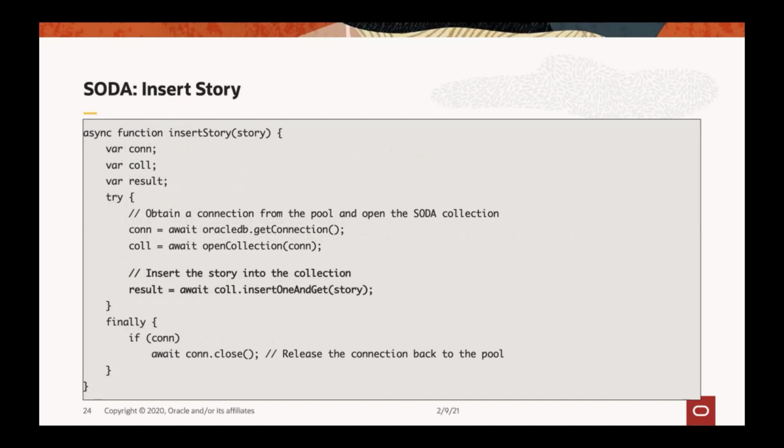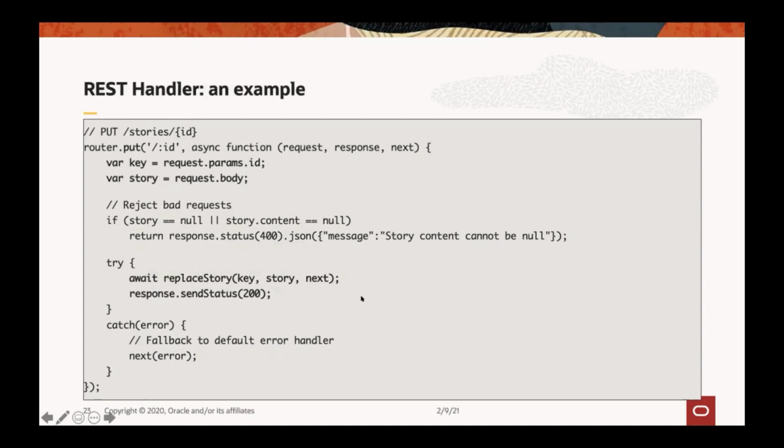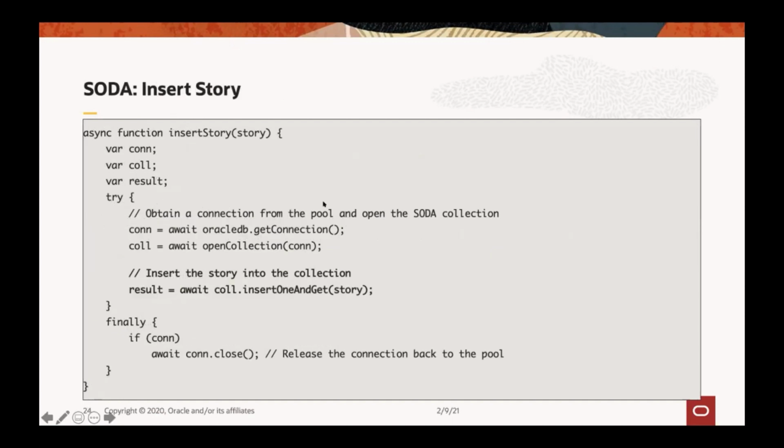This is just to have a layer of abstraction, because this REST handler, as per this design, is not connection aware. It doesn't know how to use Soda. It receives a request and it knows how to process the response. So it relies on this layer, which uses Soda to manage connections and put get documents from Oracle database.